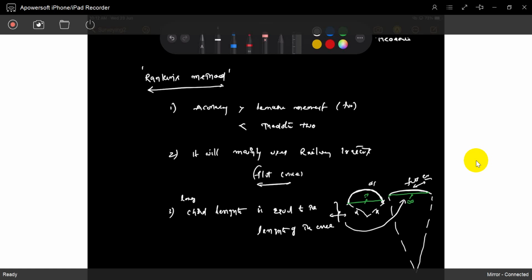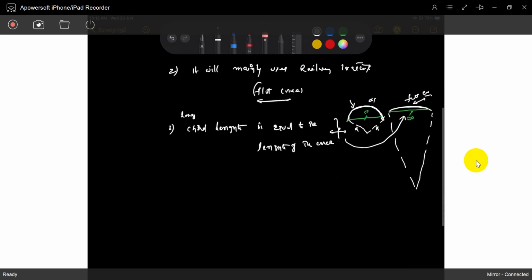Understood? That's why Rankine's method is used only for flat curves. It can be used for other curves also, but it does not give the exact curve. Many approximations are there, so it deviates slightly from the original curve. So that is Rankine's method assumption.